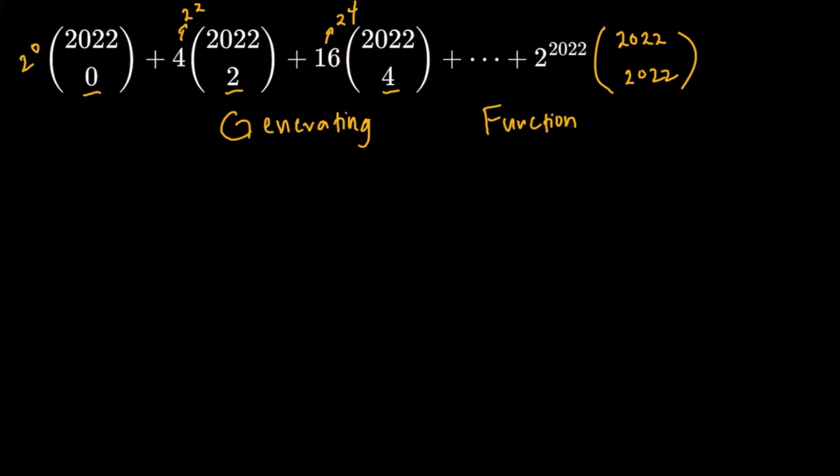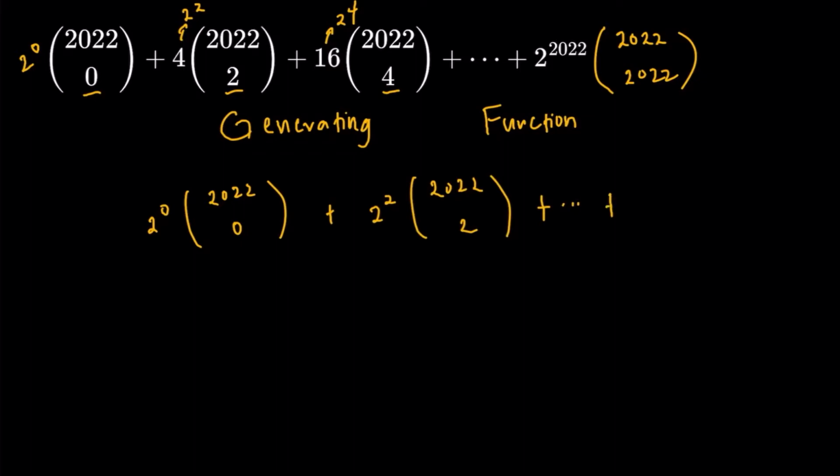So we could have a sum with the pattern: 2 raised to 0 times 2022 choose 0 plus 2 squared times 2022 choose 2, and then all the way until the last one, 2 raised to 2022 times 2022 choose 2022.